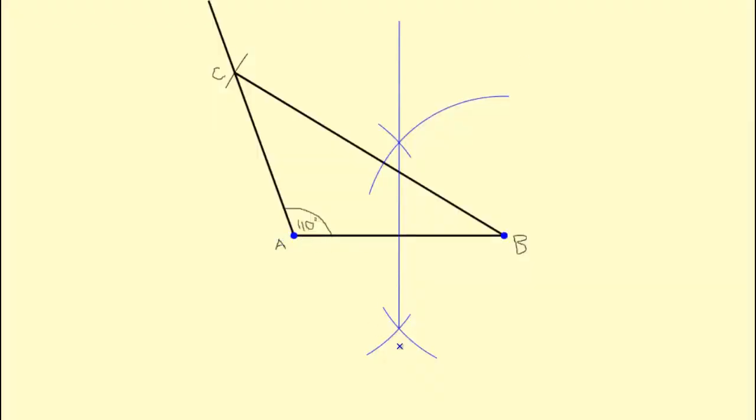The perpendicular bisector of AB is this blue line, and this blue line is the perpendicular bisector of BC. Both these perpendicular bisectors meet at this black point. This is the circumcenter, and the distances from this X to C, to B and to A are equal. This X is the locus which is equidistant from the three vertices of the triangle.